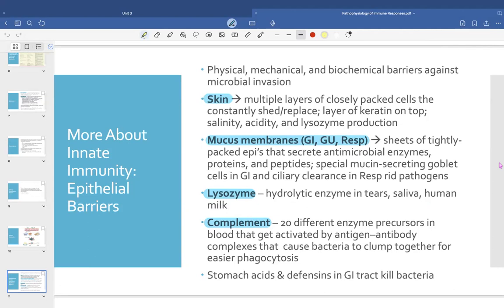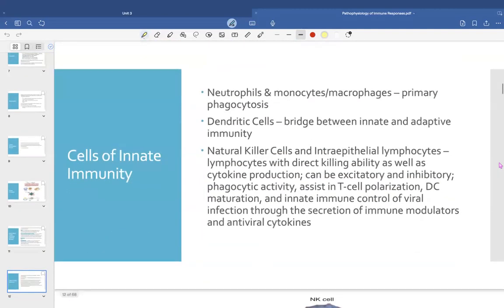Looking at some of your cells specifically, these just go through what we've already talked about. Okay, so neutrophils, monocytes, primary Pac-mans, your dendritic cells, they bridge between innate and adaptive, your NK cells and your intraepithelial lymphocytes.